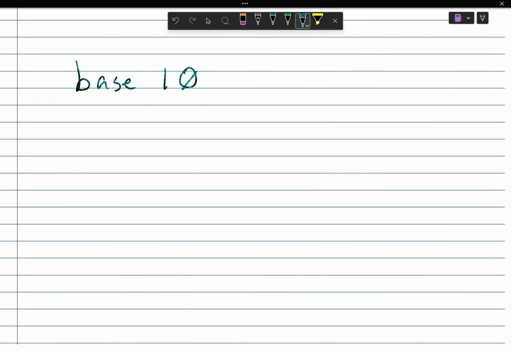So for many applications of exponential functions, we use base 10, or sometimes we use another base called e. That e is an irrational number that's approximately 2.718.